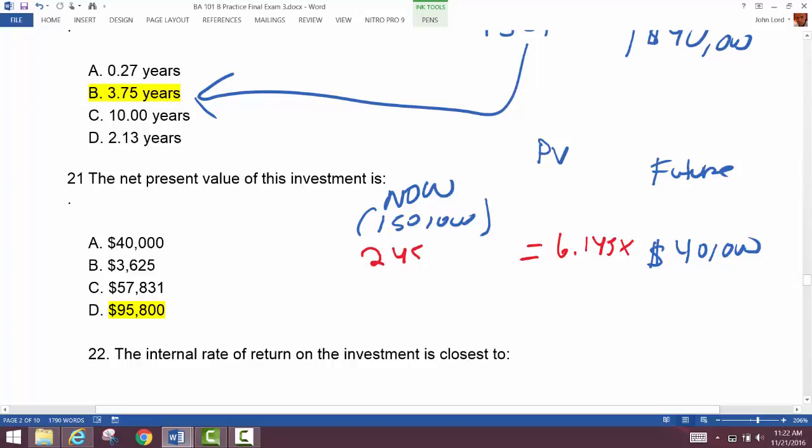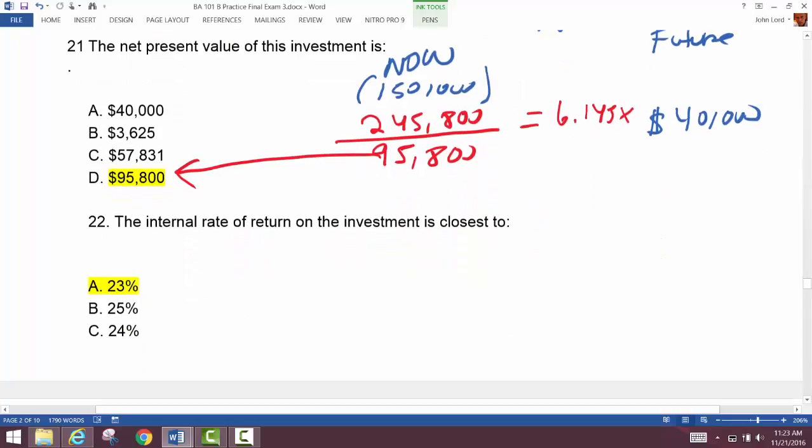Okay, so that's going to come in on this. So this project has a net present value of what? 95,800? Right there?